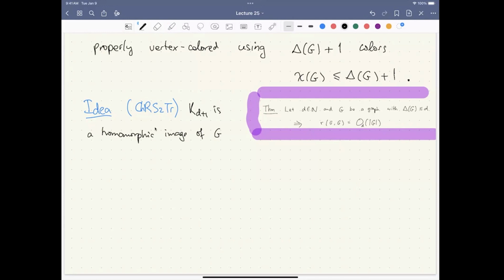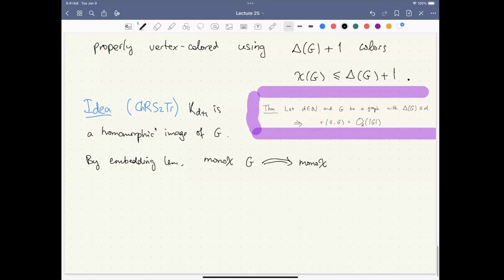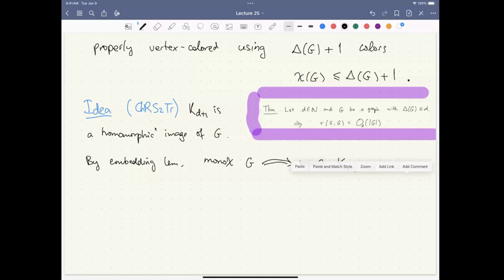To find the monochromatic copy of G, by the embedding lemma, finding a monochromatic copy of G is the same as, it's enough to find a monochromatic K_{D+1} in the reduced graph R. Okay.